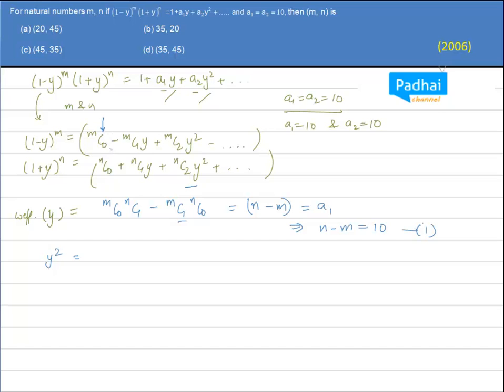So if I multiply like this, I'll get a y² term, which will be mC0 into nC2. And this has y already, so I have to multiply with this term. So this will give me minus mC1 nC1.